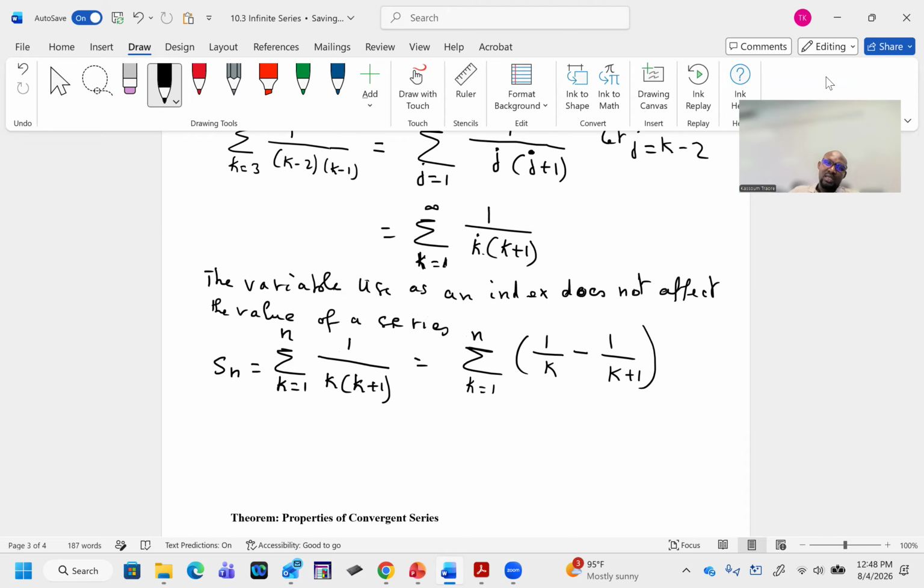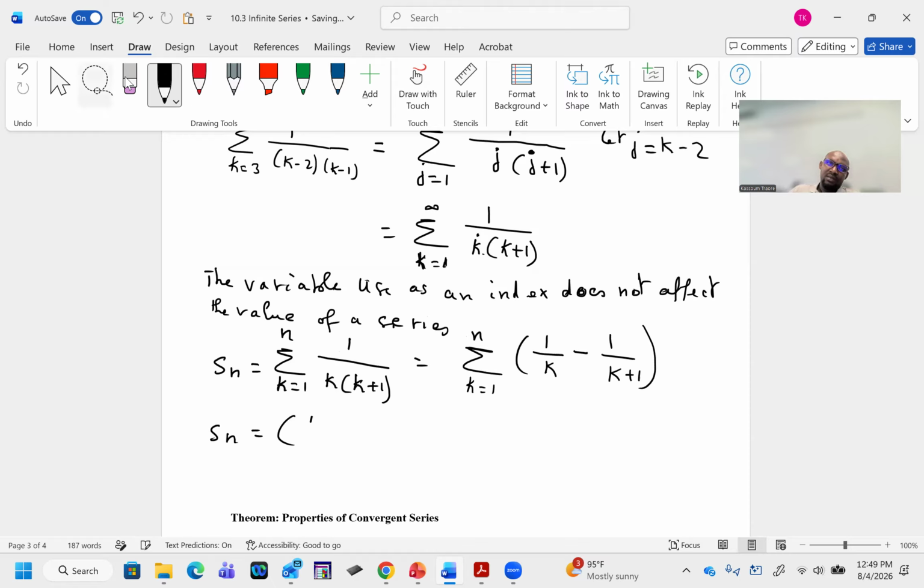So in this case, as we said, it's always important to write down your Sn. So you see, the first term will be what?